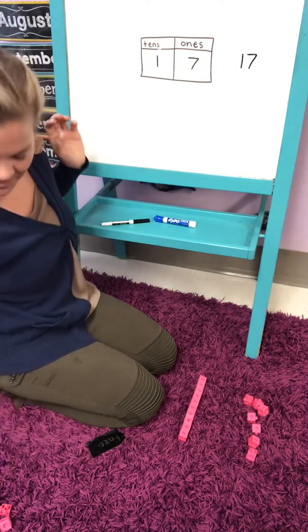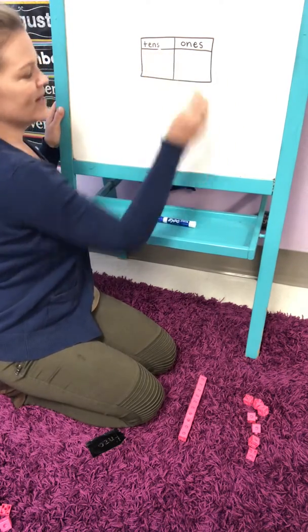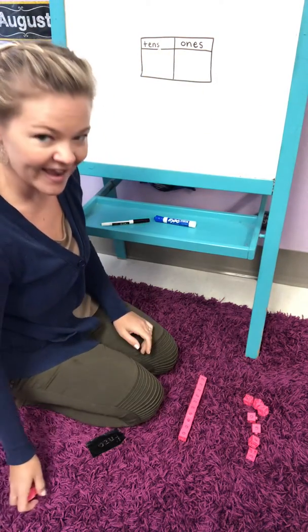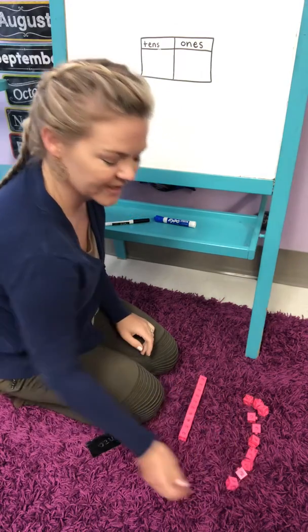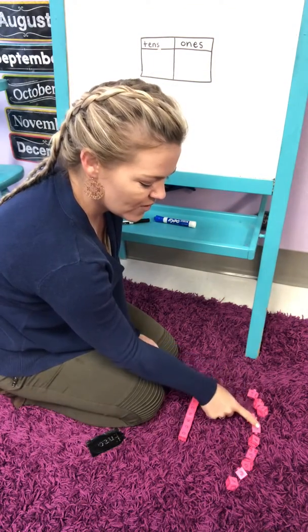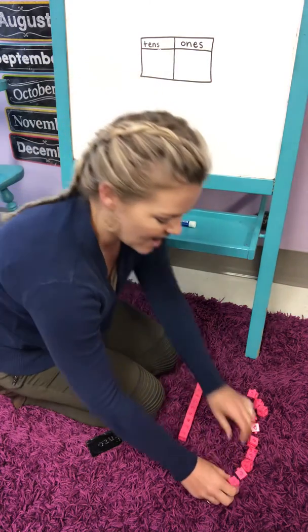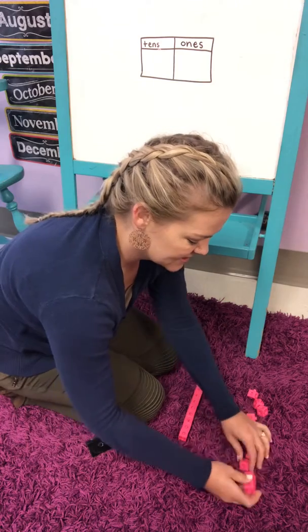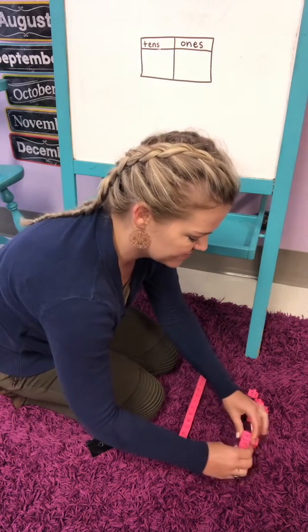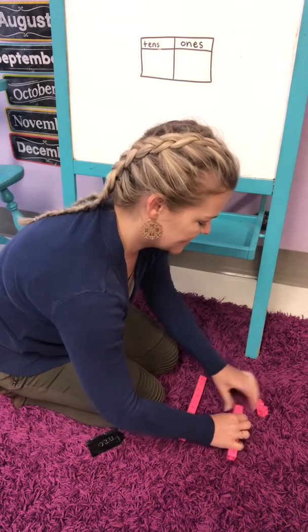I'm going to add some more and let's see what happens. What would happen if I added 3 more over here? Now I've got 1, 2, 3, 4, 5, 6, 7, 8, 9, 10. I'm going to put them together to make another group of 10. So let's see.